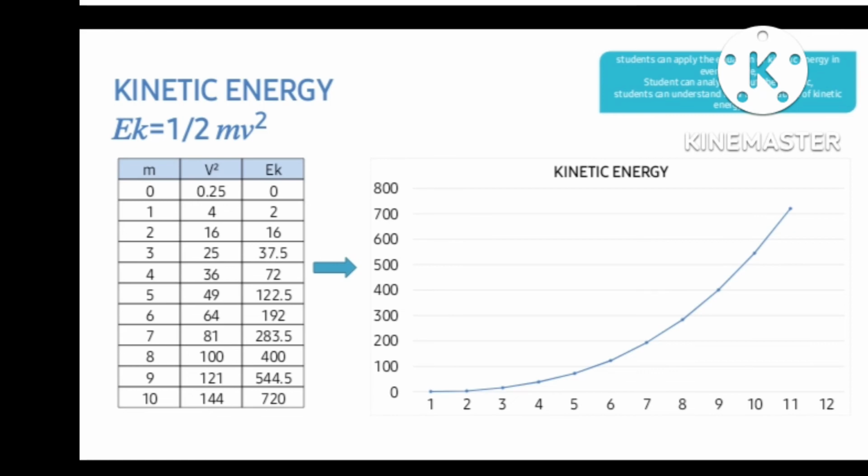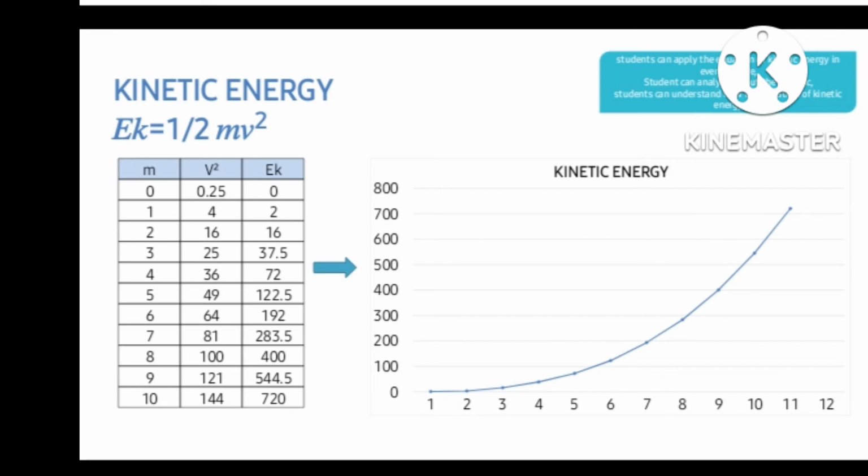So the kinetic energy is 122.5. Next, the mass is 6, the square velocity is 64. Then the value of kinetic energy is 192.